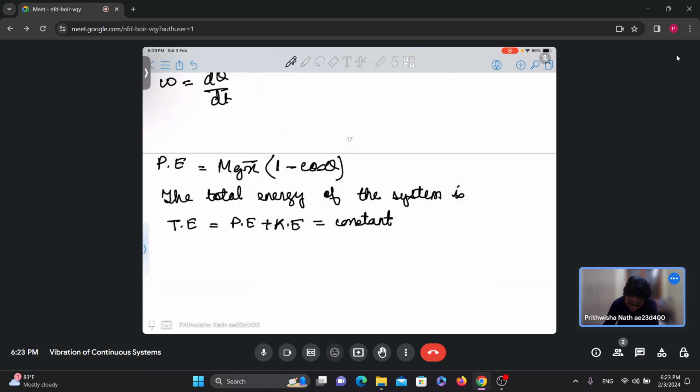I substitute the value of potential and kinetic energy. So this becomes mg x bar, we know as 4r by 3 pi, into 1 minus cos theta plus half IP theta dot square. Theta dot here is d theta by dt.